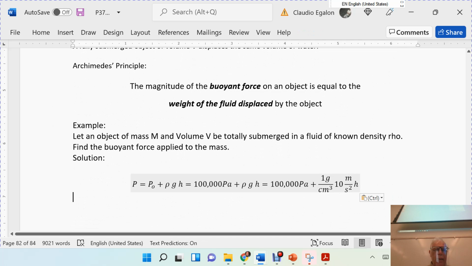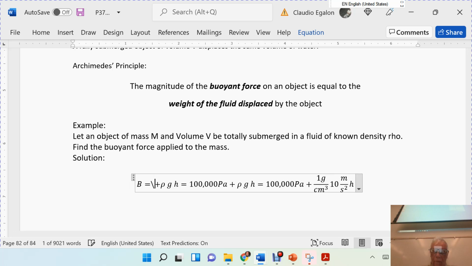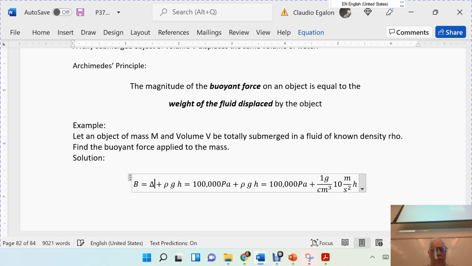So the situation is like that. Buoyant force is the mass of the displaced fluid times the acceleration of gravity. It's the weight of the displaced fluid.